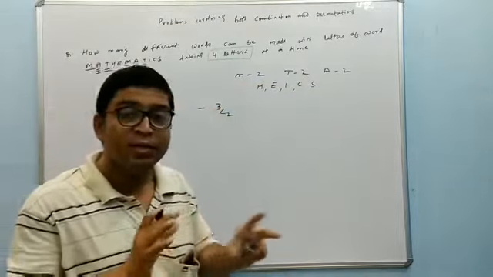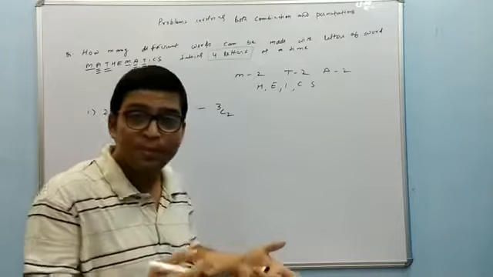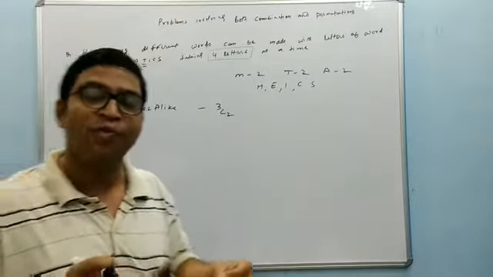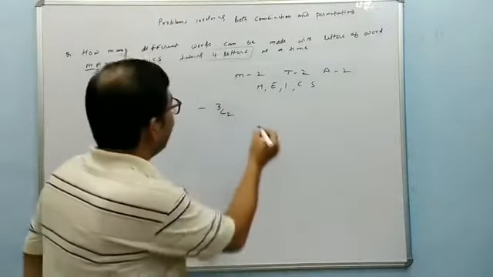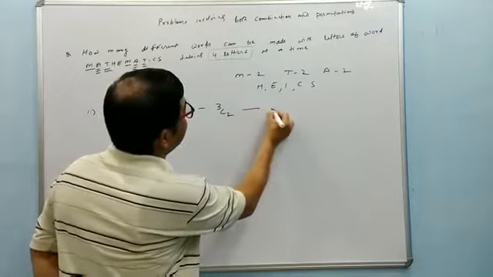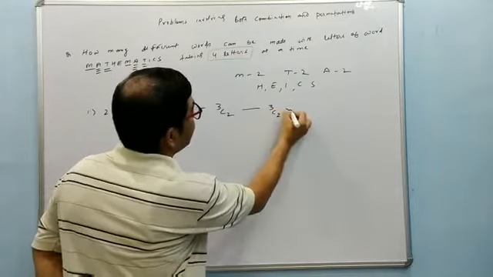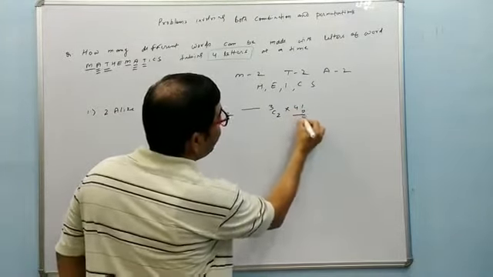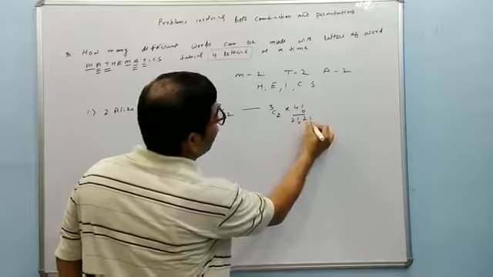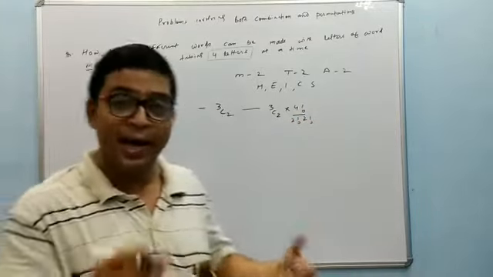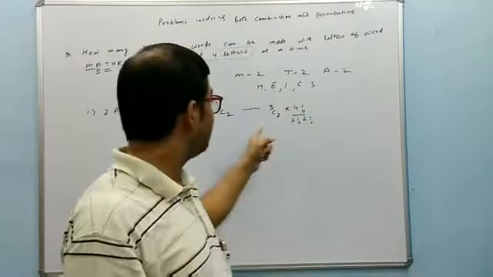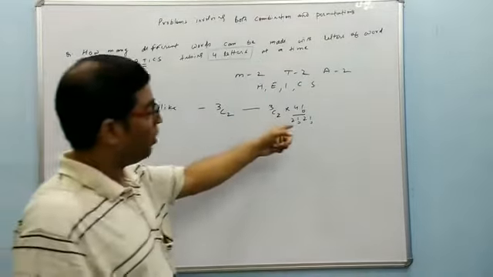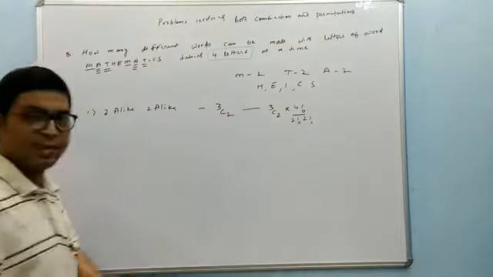Here 3 is meaning not 3 letters, 3 groups. Out of that I am selecting 2 groups. So I have selected 4 letters. Then this is the selection, and these 4 letters can be arranged in 4 factorial ways divided by 2 factorial into 2 factorial. Why? Because 2 are alike and 2 are alike. So this is case number 1, 2 alike and 2 alike. Total number of words is this. Total number of selection is this.